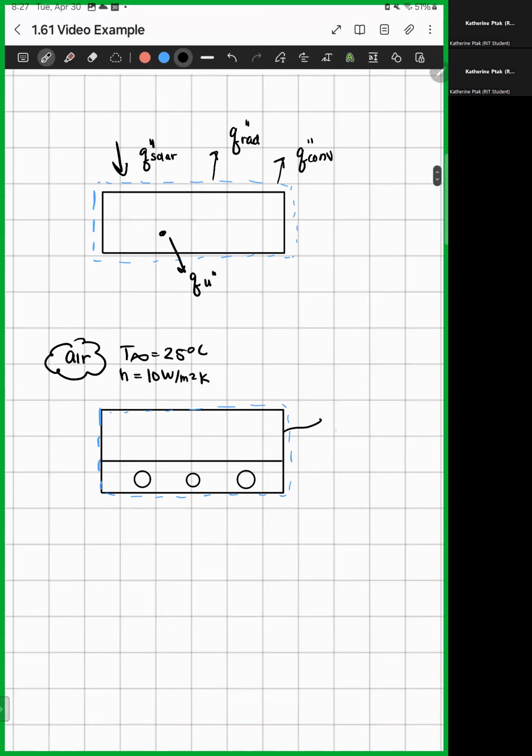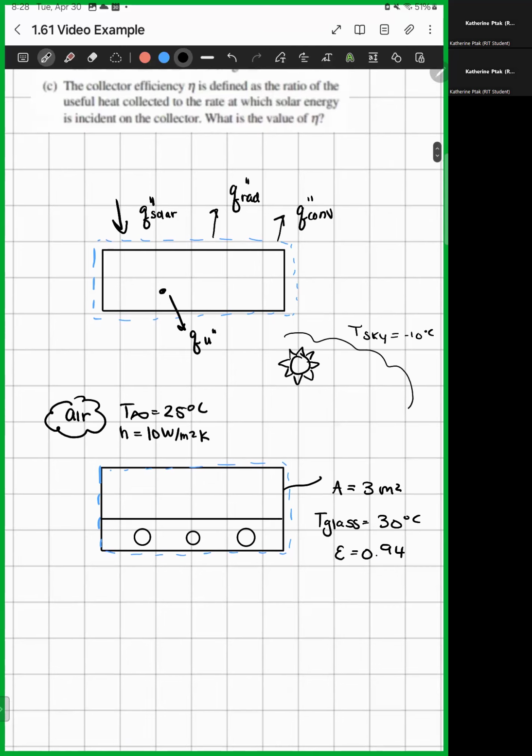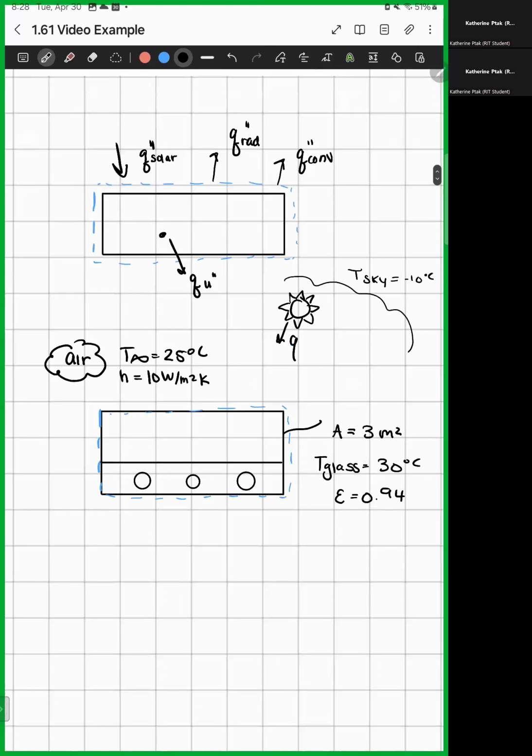On the surface, we have area equals 3 meters squared and T glass equals 30 degrees Celsius with an emissivity of 0.94. Out here, we have T sky equals negative 10 degrees Celsius, as well as a sun, which is giving off Q_s, which equals 700 watts per meter squared.